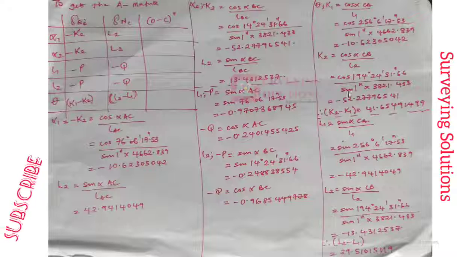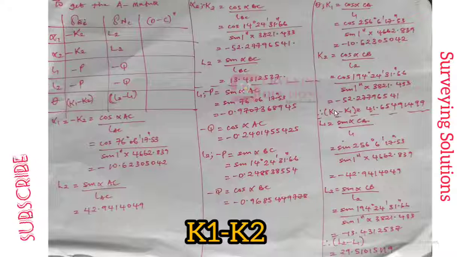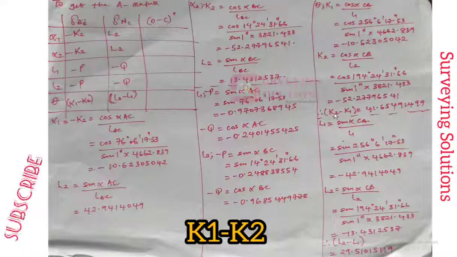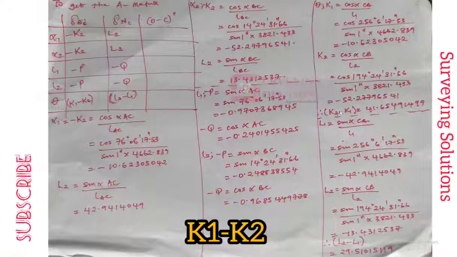So you should arrive at this answer. Alright, there is a little typo here. This is supposed to be K1 minus K2, not K2 minus K1. As we were proceeding, we saw that the values are conflicting, because we were trying to confirm the answers in as much as we have written it here. So please ensure you do that with us.